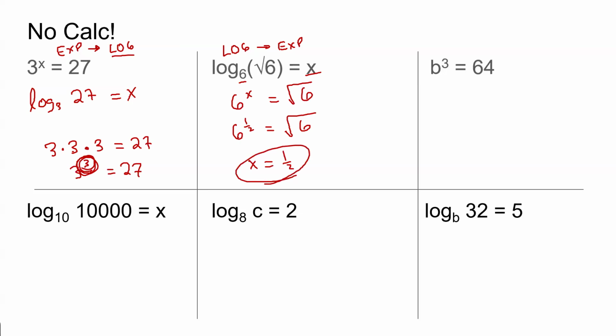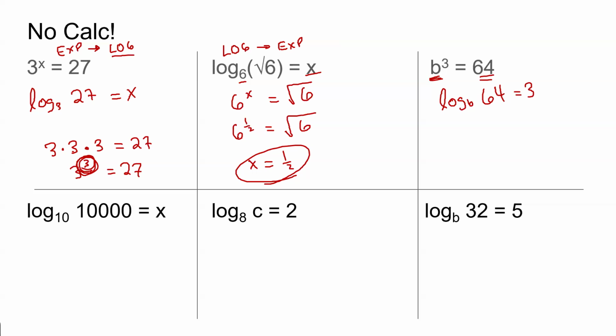So that's good. Here's b cubed equals 64. Going to a logarithm may help, may not help. It would look like this: log base b, the number that I'm raising to a power, of 64 equals 3. Well, I don't think that really helped in this case.